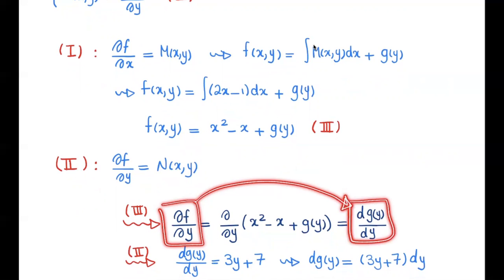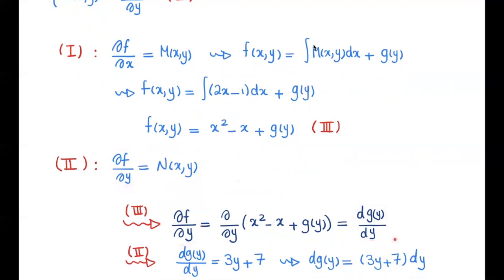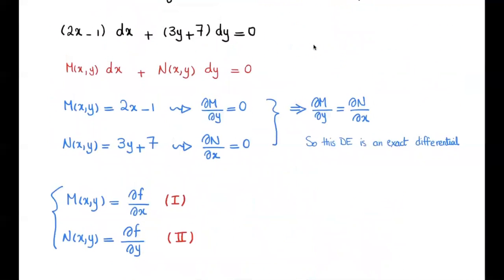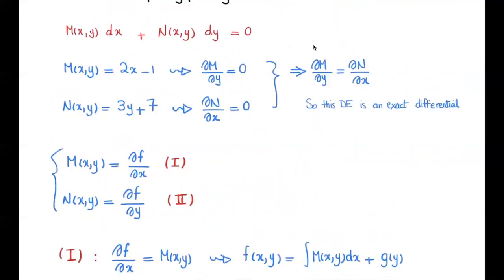And on the other hand, partial f partial y is equal to N of x and y. So then dg/dy is equal to N of x and y. And N of x and y, as given in the problem, is 3y plus 7.